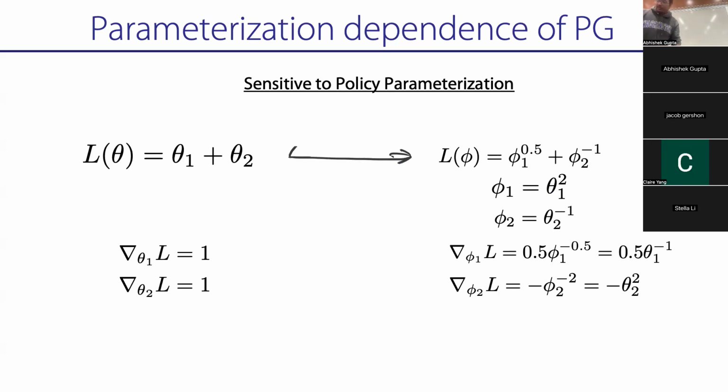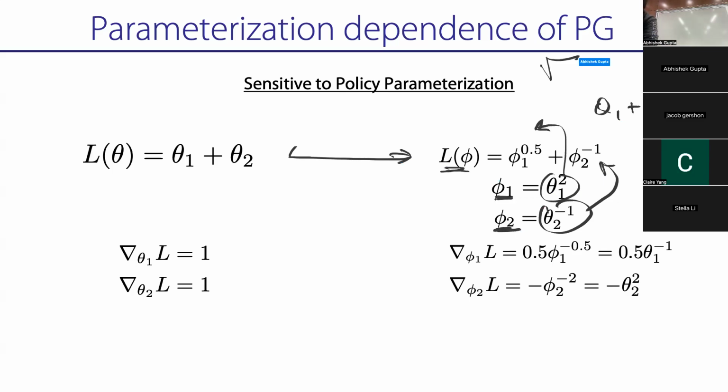We just did a change of variable. If you stick this thing back in here and this thing back in here, you will still get theta 1 plus theta 2. But we just changed our variables to be phi 1 and phi 2, and our objective becomes the square root of phi 1 plus 1 over phi 2. Okay. Just a change of variables.